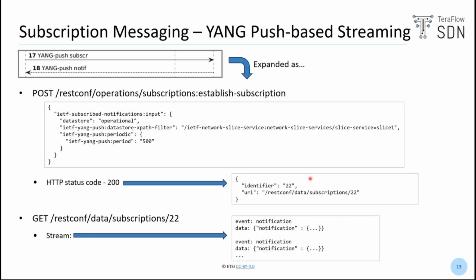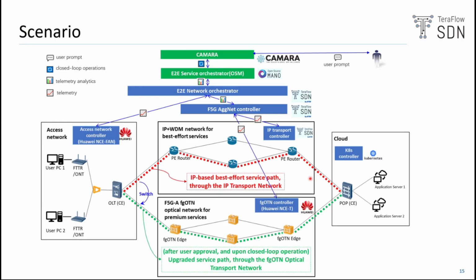Okay. Then, in terms of the experimental assessment, well, we went for this scenario here. On top, we had Camara. Then we had an end-to-end service orchestrator that was based on OSM with some extensions for this setup.